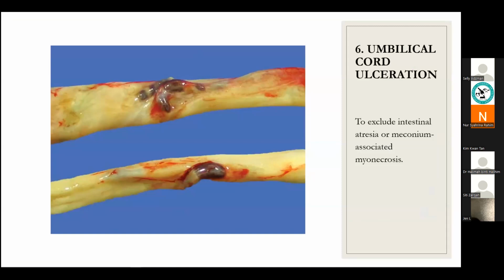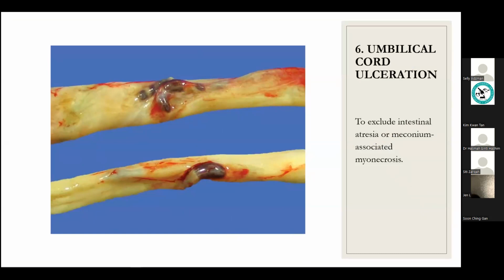The other thing is umbilical cord ulceration. There is loss of Wharton's jelly covering the vessels, so the vessels are exposed. In this condition, we sometimes need to inform the clinician that the child may have concurrent intestinal atresia. Why intestinal atresia?